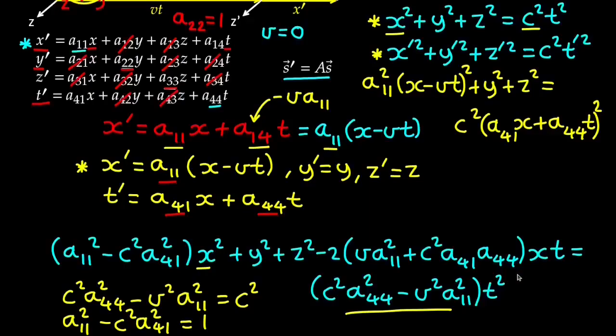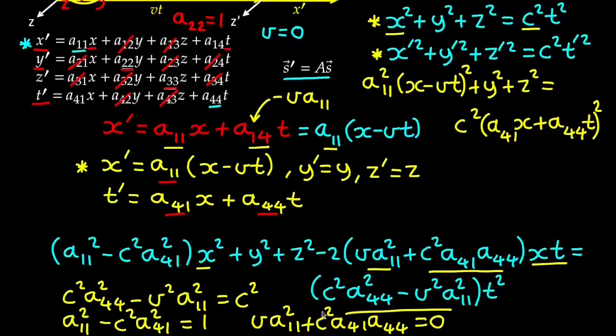And then equating coefficients of xt, we get this expression is equal to 0. So we have v by a11 squared plus c squared by a41 a44 is equal to 0. So what we have are three equations for three unknown coefficients.